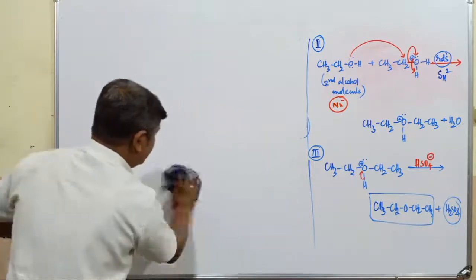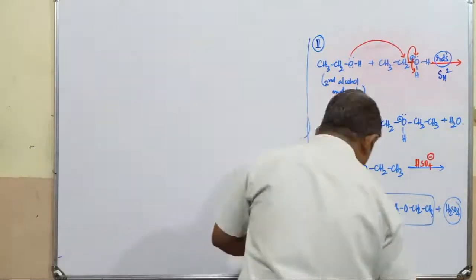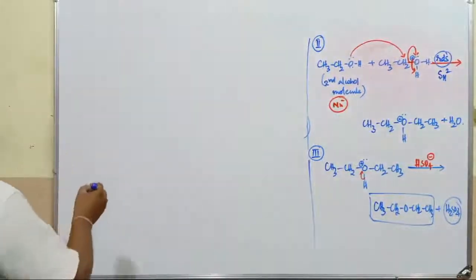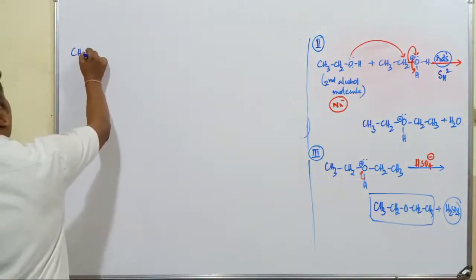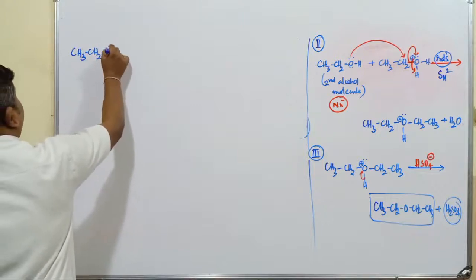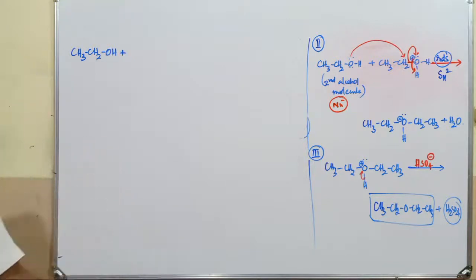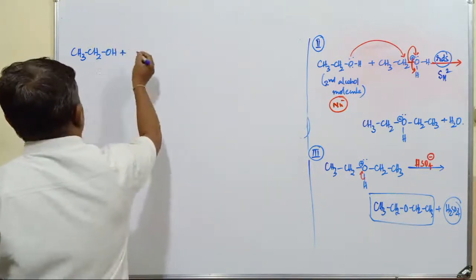Next, after this mechanism, what happens when we go to different types of alcohols? Here, if I go with CH3CH2OH plus CH3OH. In the previous examples, we used only one alcohol, 2 moles of the same alcohol.